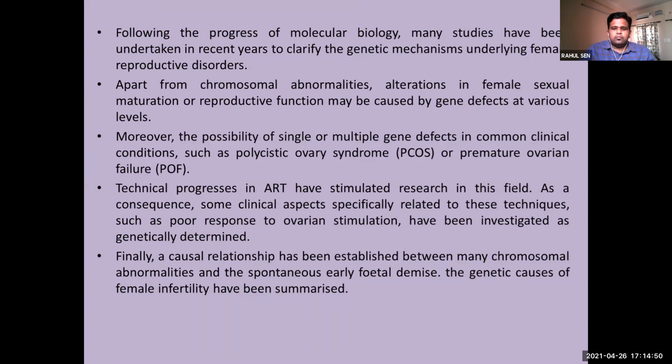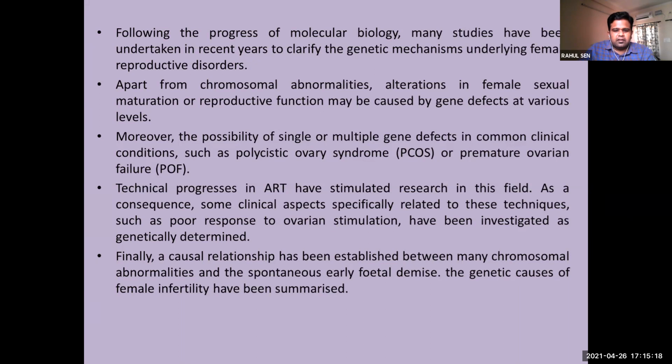Apart from chromosomal abnormalities, alterations in female sexual maturation or reproductive function may be caused by gene defects at various levels. Moreover, there is the possibility of single or multiple gene defects in common clinical conditions such as PCOS, polycystic ovarian syndrome, or premature ovarian failure.